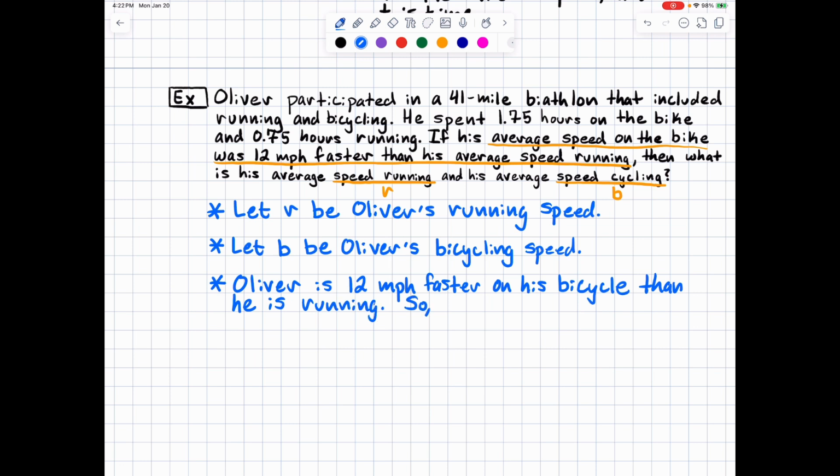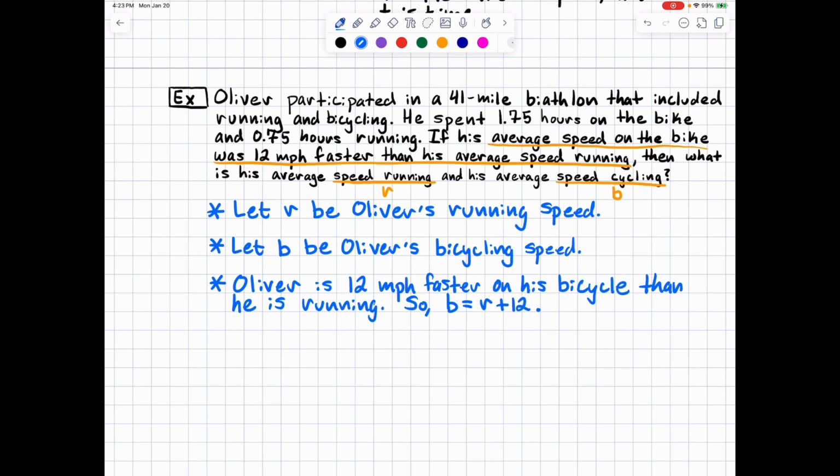So that means that his biking speed equals his running speed plus 12. He is 12 miles per hour faster biking than running, right? So B equals R plus 12, because if we take his running speed and add 12 miles per hour, that will be his biking speed, okay?